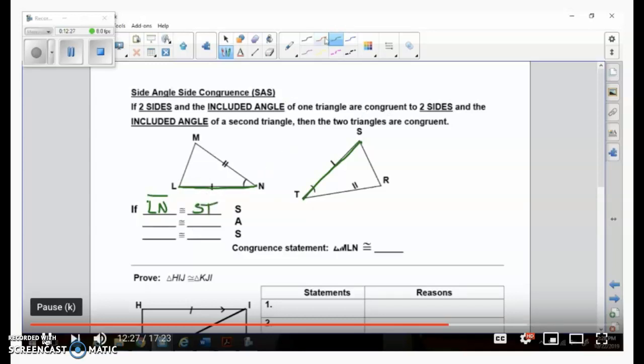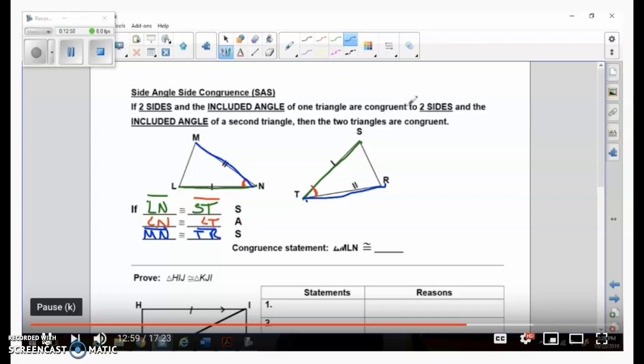So if LN is congruent to ST, and then we have angle N and angle T, because those are marked, and then MN, which is marked a little bit awkwardly, and RT is marked a little bit awkwardly. But we know MN with a line segment is congruent to TR.